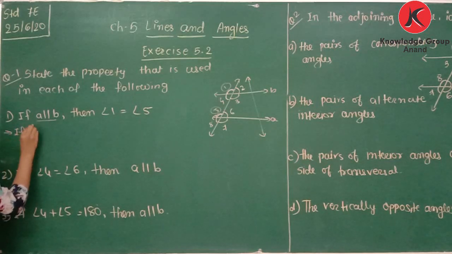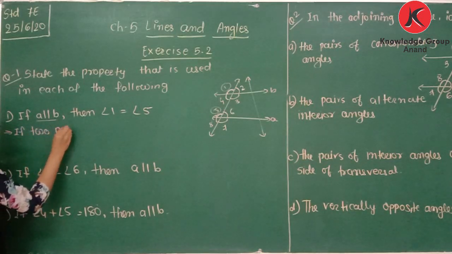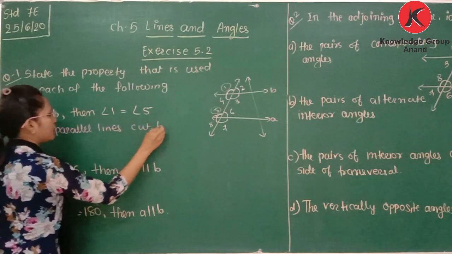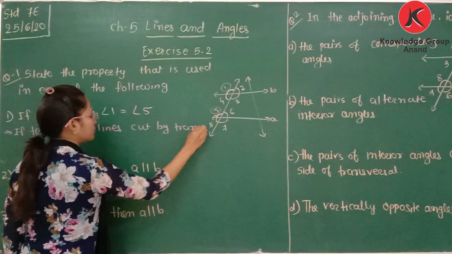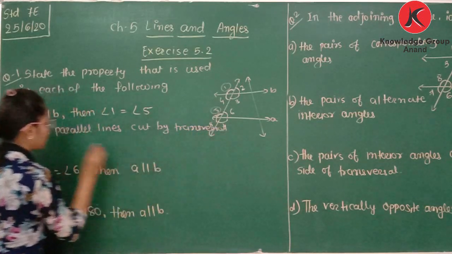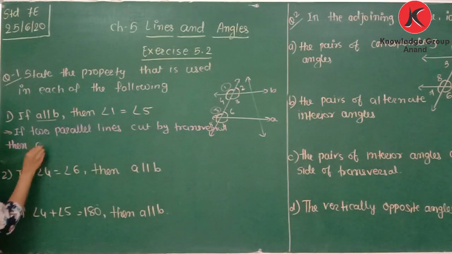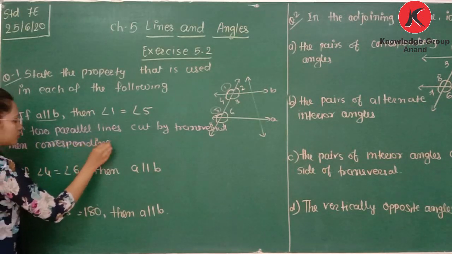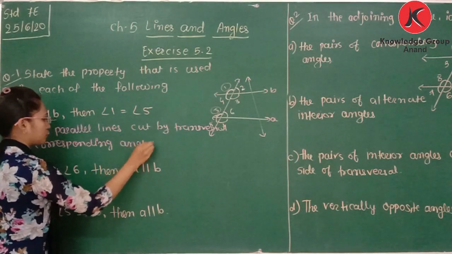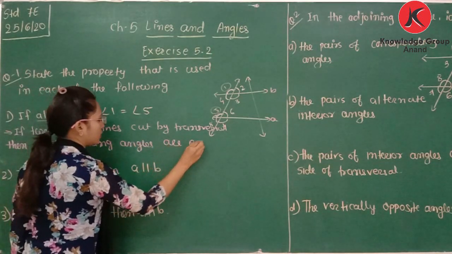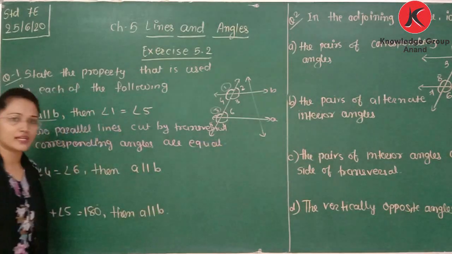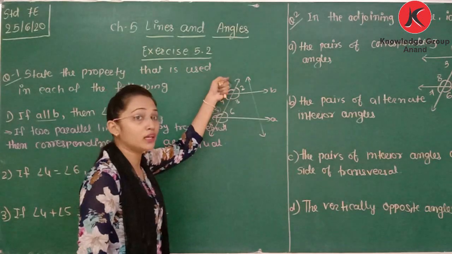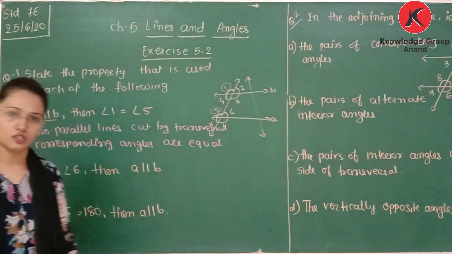If two parallel lines are cut by a transversal, then corresponding angles are equal. If two lines are parallel, then corresponding angles are equal. Why? Because you can see in the figure that angle 1 and angle 5 are corresponding angles.